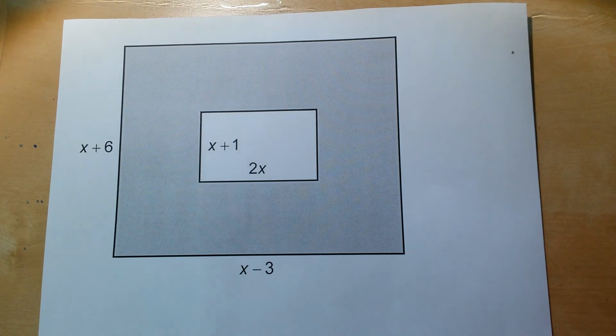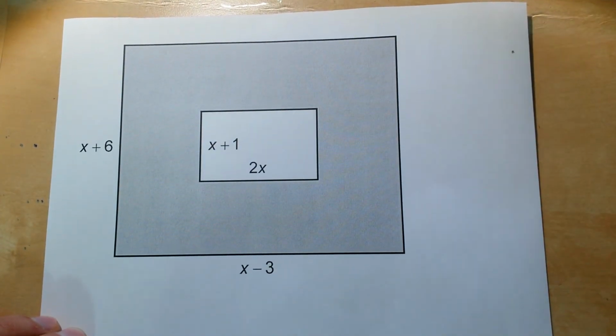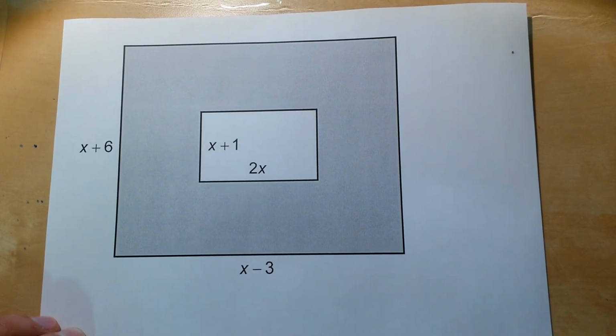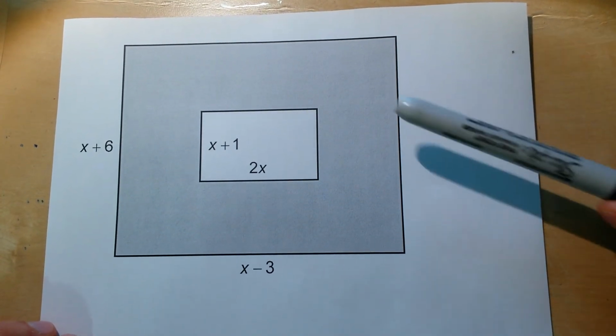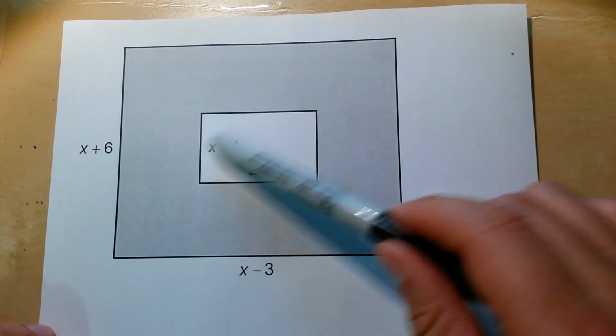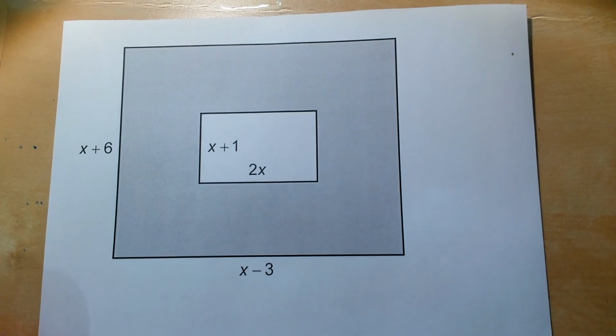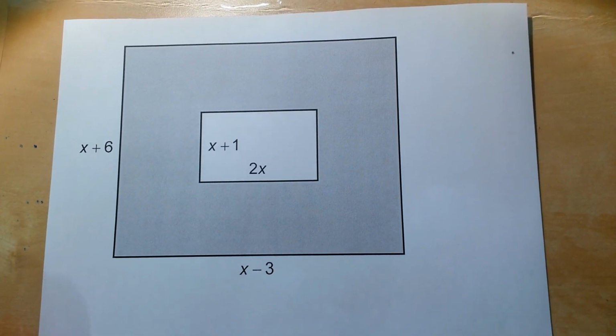You have a big rectangle and a small rectangle in the middle. It's a very similar idea. Think about how you would solve this. We only need to find the shaded region, not this. So we'll take this up next time when we meet. Give it a try, but same idea.